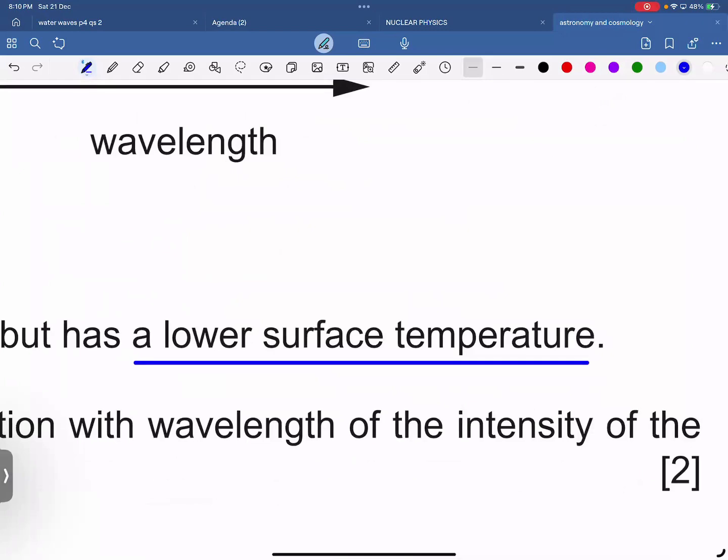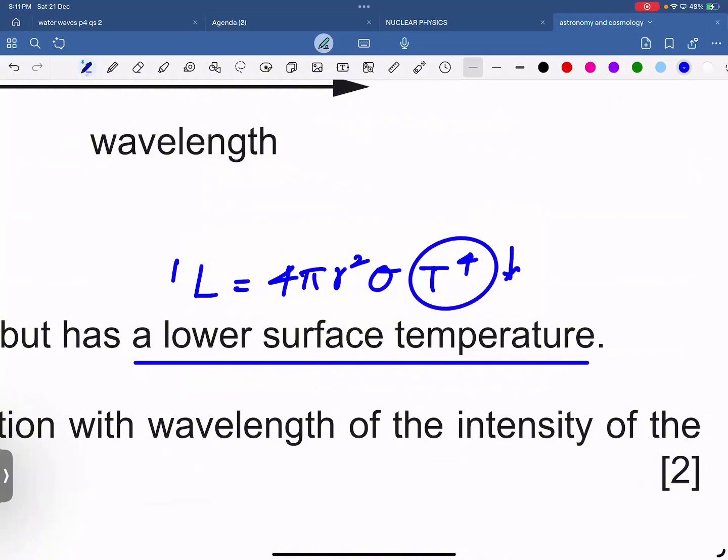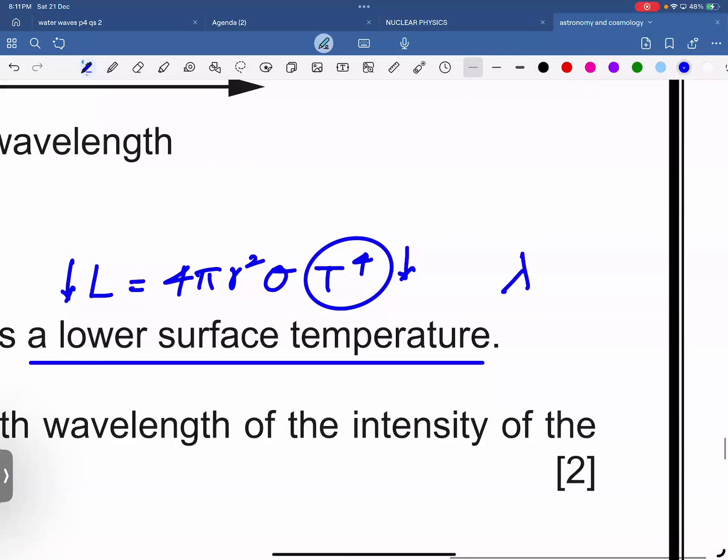If surface temperature is lower, luminosity, which is 4 pi r square sigma T4, is also lower, one mark. Other, Wien's displacement law says the peak wavelength is inversely proportional to surface temperature, so more.